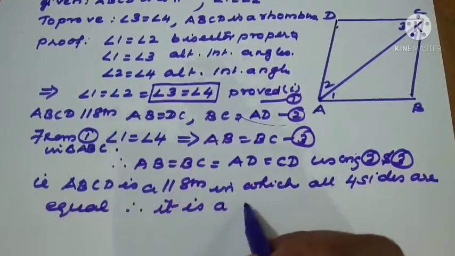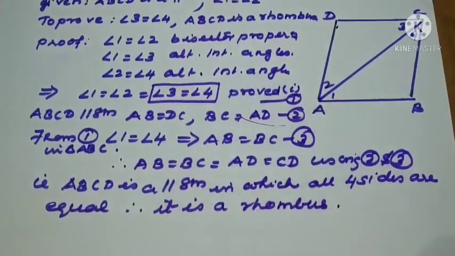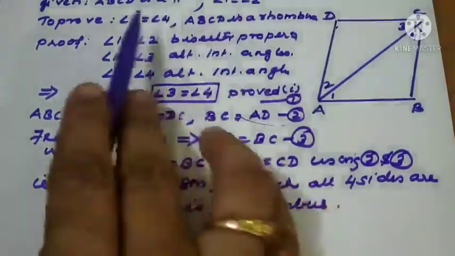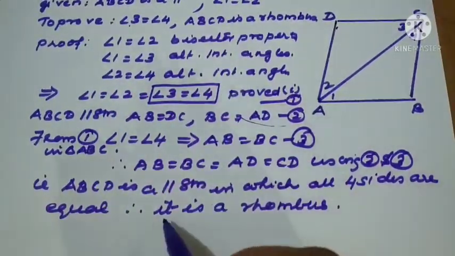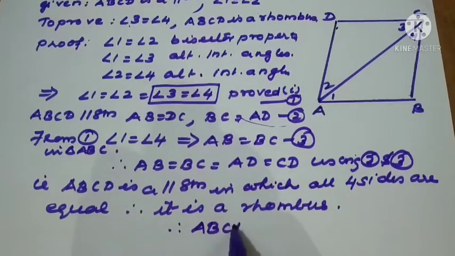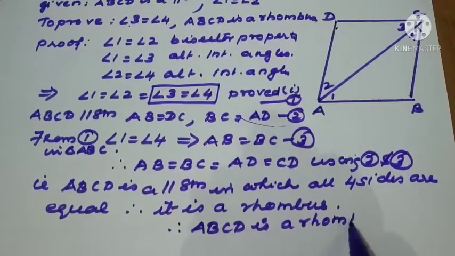So what does the definition say? A parallelogram in which all the 4 sides are equal, then it is a rhombus. The question is asked for 3 and 4 equal, and also it's a rhombus only. Now we got that ABCD is a rhombus. Conclusion, hence proved.